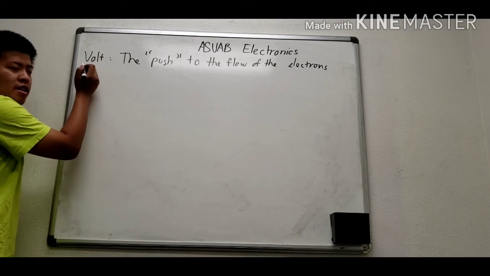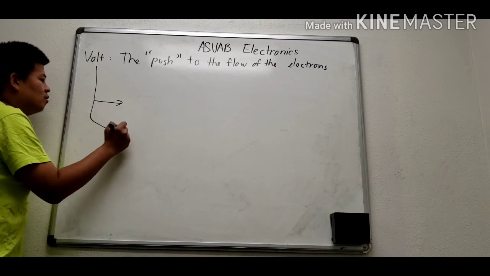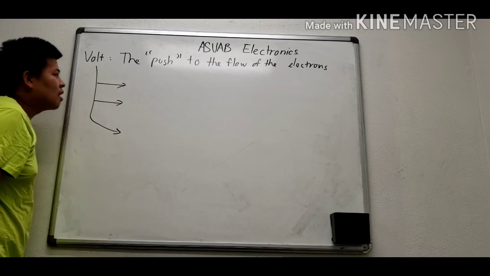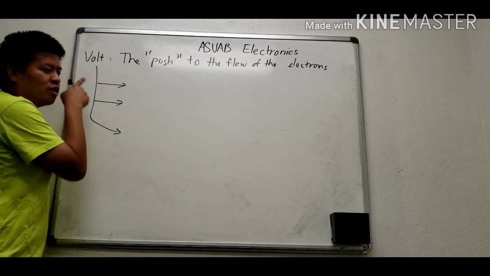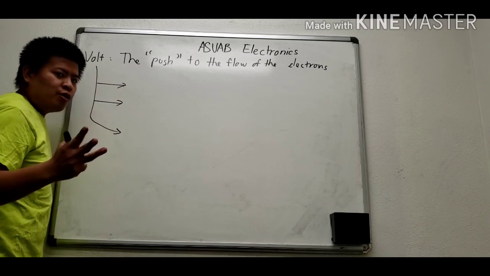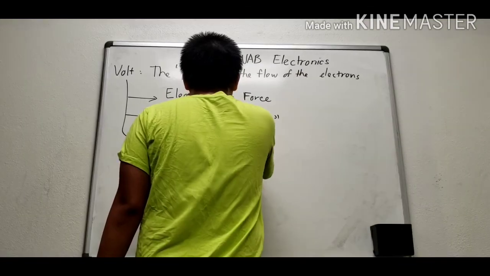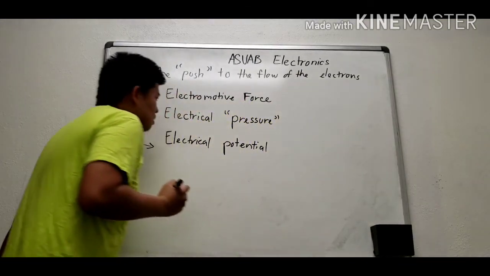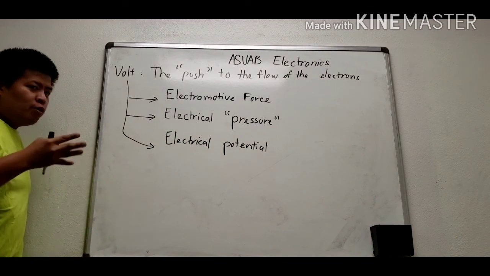And for this one we have 3 types of names. On the test, if they see the volt, they will show you 3 different types of names. So we have 3 types of name for the voltage.